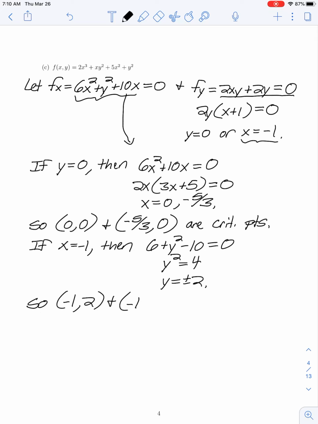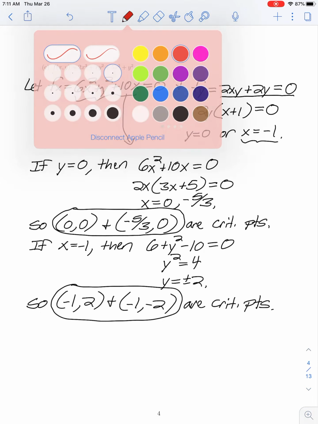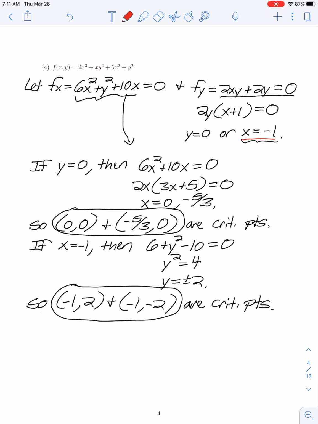So we find two more critical points. If x is -1 and y is 2, or if x is -1 and y is -2, we also have critical points. So in this example, we find altogether 4 critical points. The first two if y was equal to 0, and the second two if x were -1.